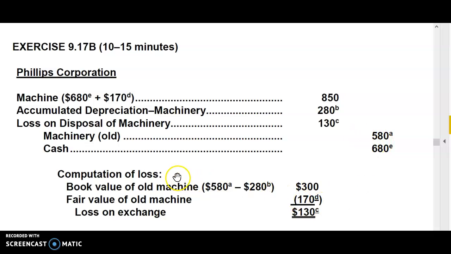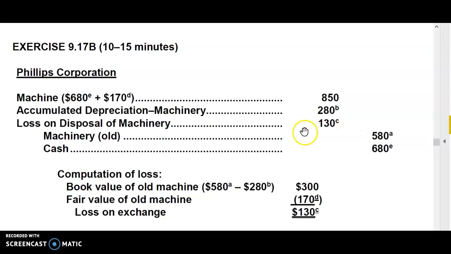Now, our old machine, the book value would be the $580 minus the $280 of accumulated depreciation. So the book value is $300. But the fair value is $170. So we're only technically getting the $170 because that's the fair value and that's what we're recording onto our new machine.